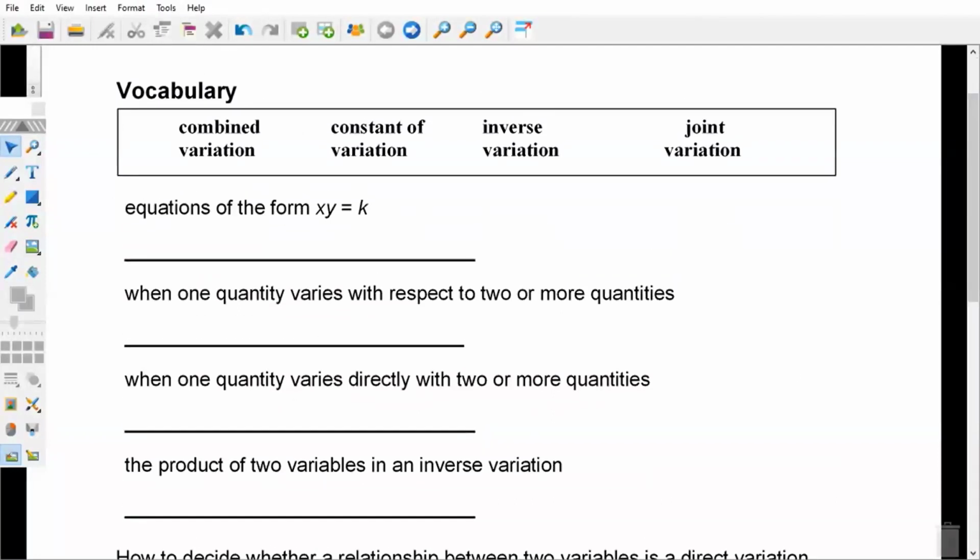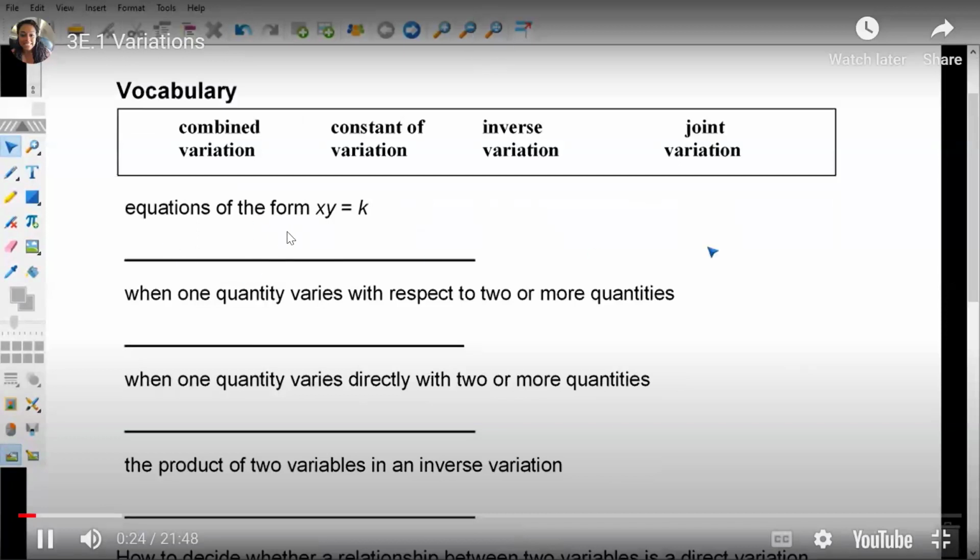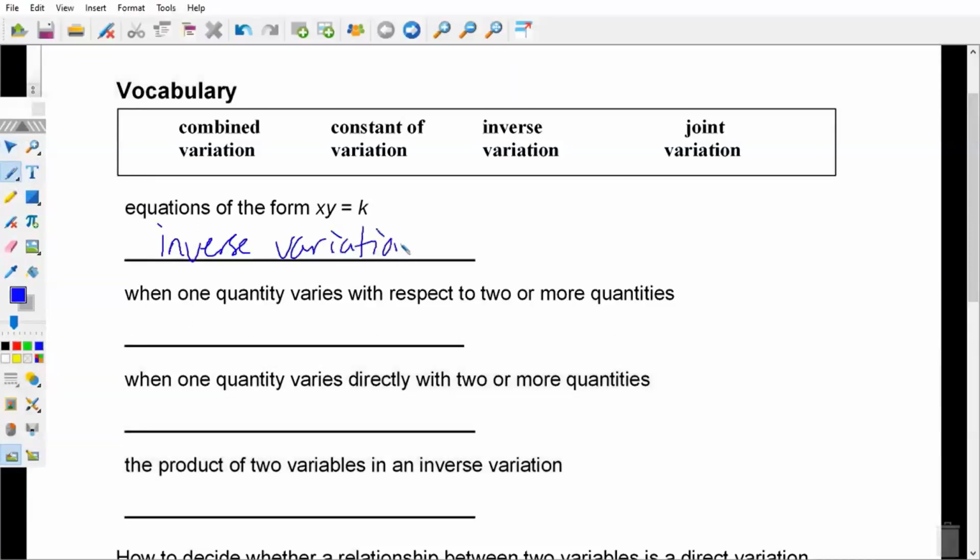variation. Okay. When you have equations of the form x times y equals k, that is called an inverse variation. Next, when one quantity varies with respect to 2 or more quantities, we're going to call that a joint variation.